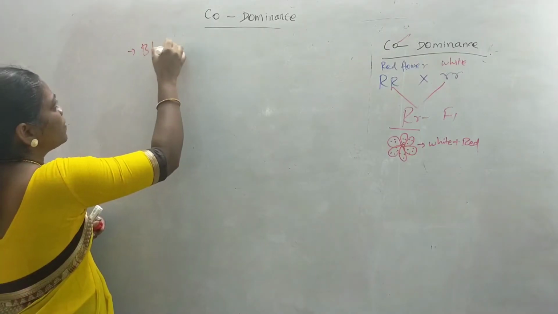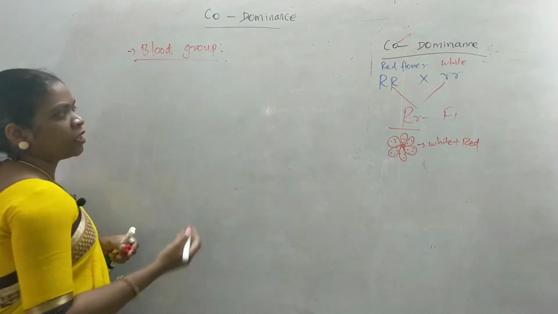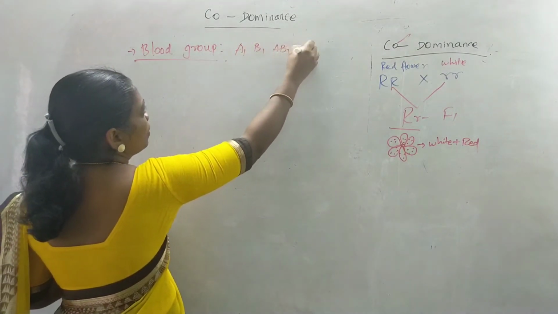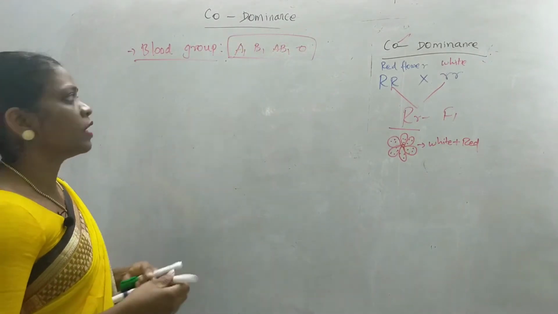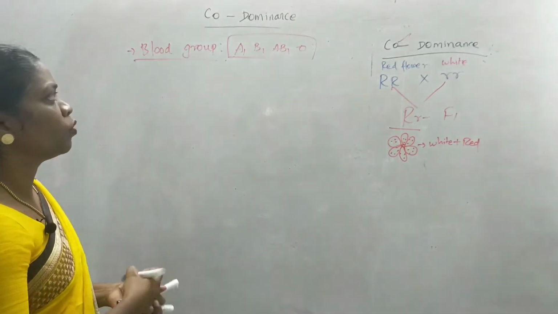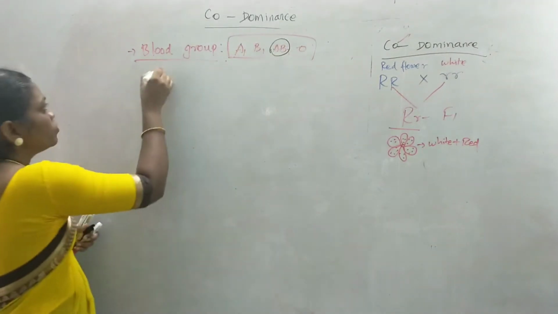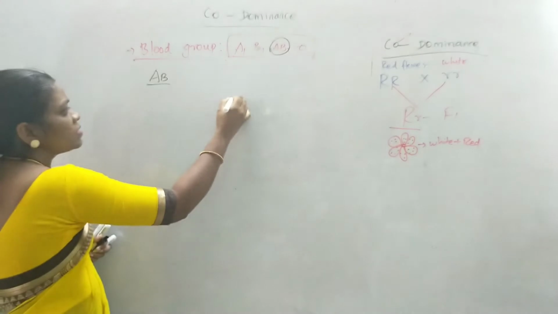To explain codominance, we are taking blood group as an example. We know that the blood groups are A, B, AB and O type. There are 4 different types of blood groups. But here we are going to take only one particular group to explain codominance, that is blood group AB. Imagine a person has A blood group.